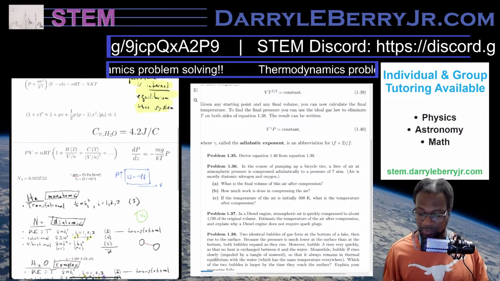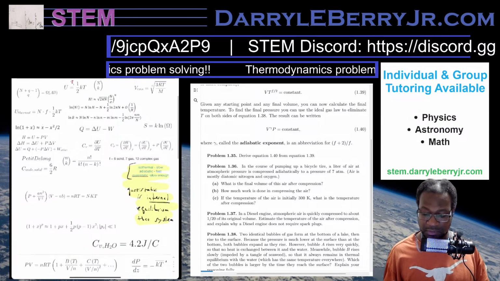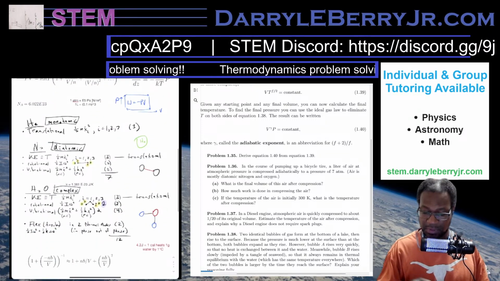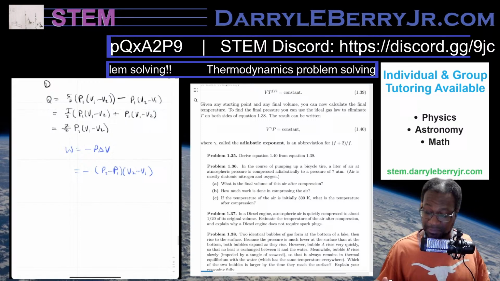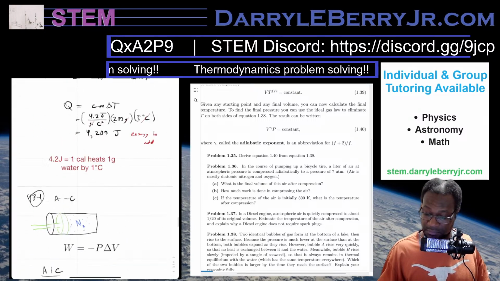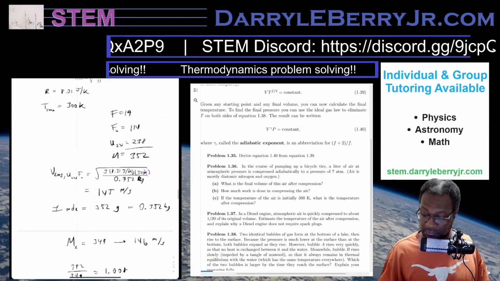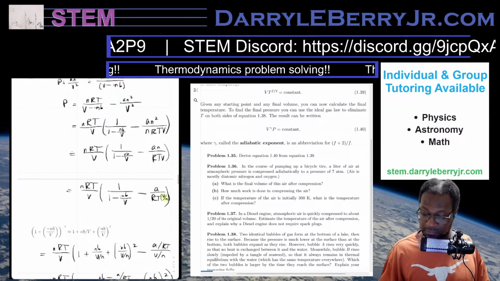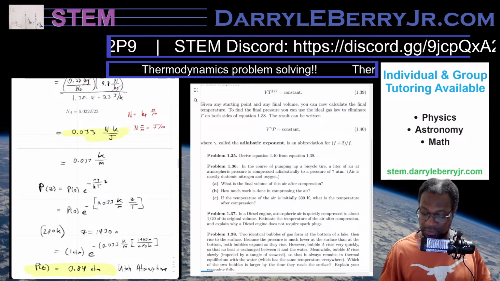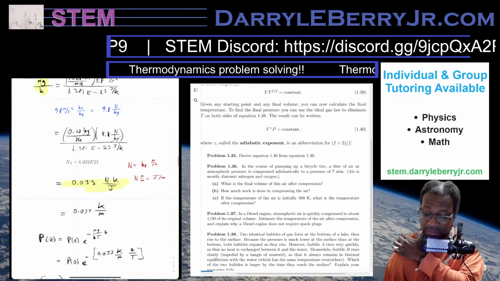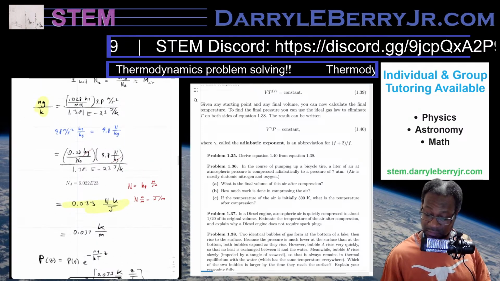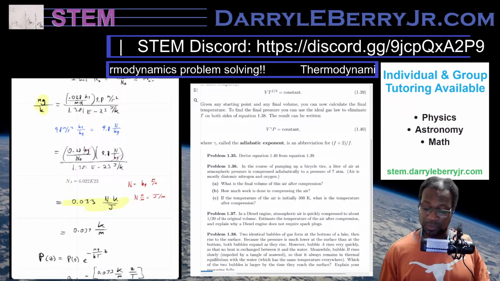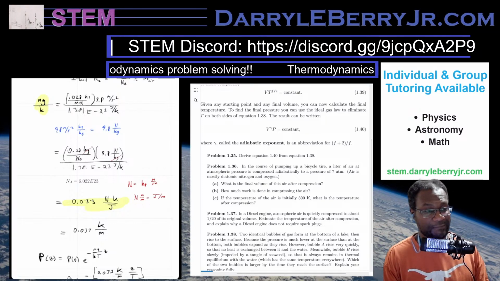I don't know what it is exactly. I've used it in one of the previous problems. Here's the Boltzmann constant. Oh, here it is. k is 1.3131 times 10 to the negative 23 joules per kelvin.